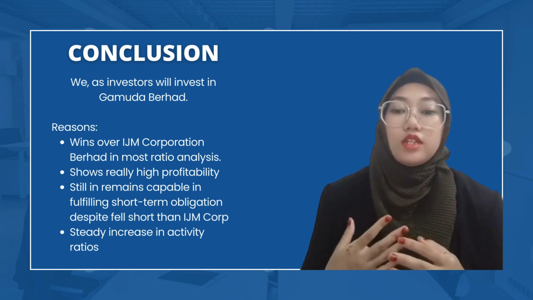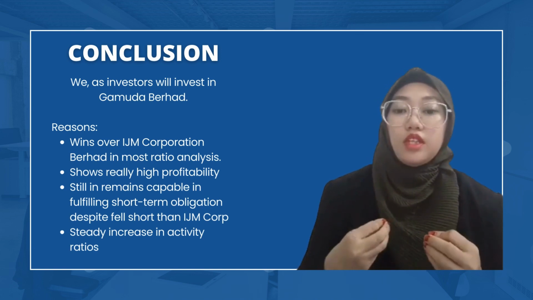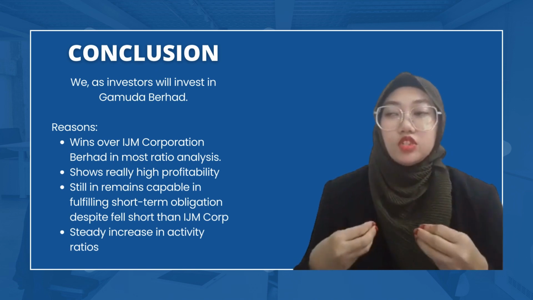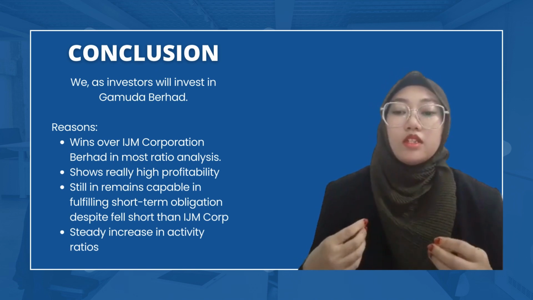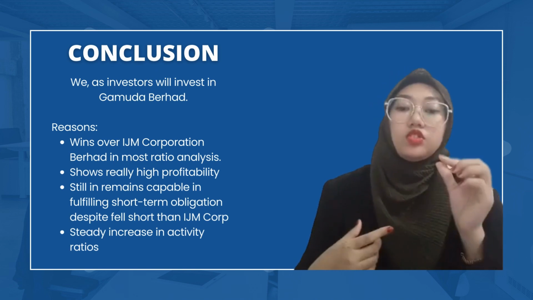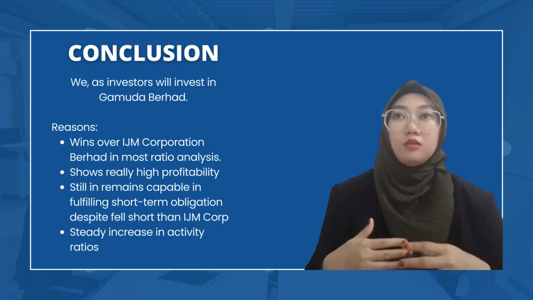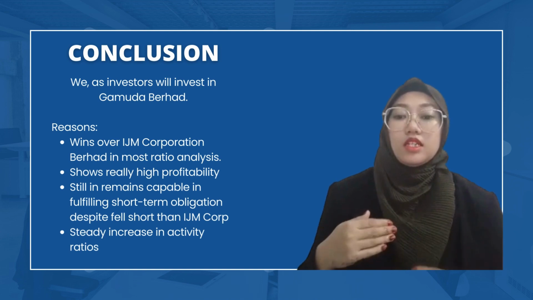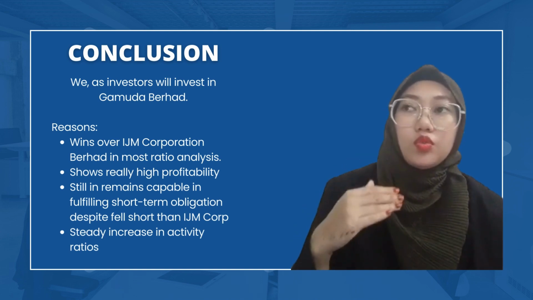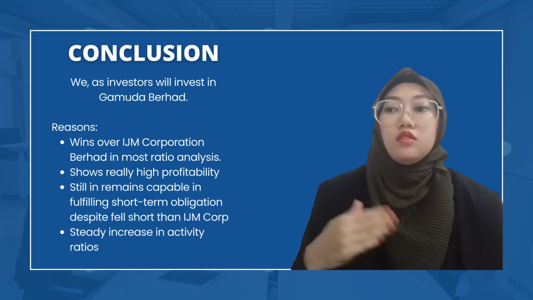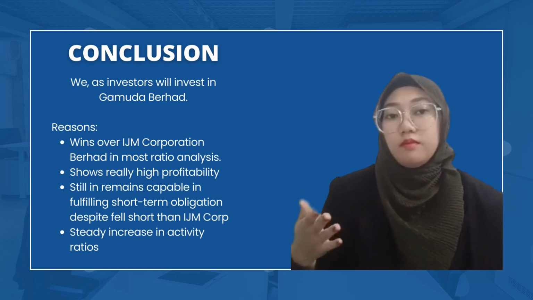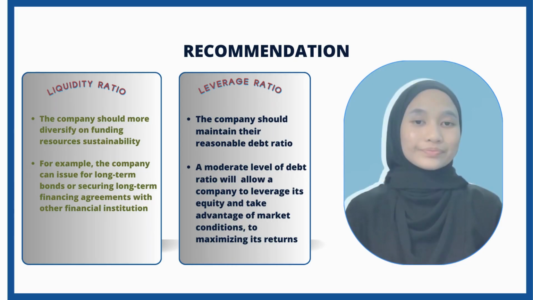Gamuda also shows that it remains capable of fulfilling any short-term obligation, although it fell a bit shorter than IJM Corp's ratio. And lastly, Gamuda shows a steady increase in activity ratio, which means that it will also generate more profit in the future.